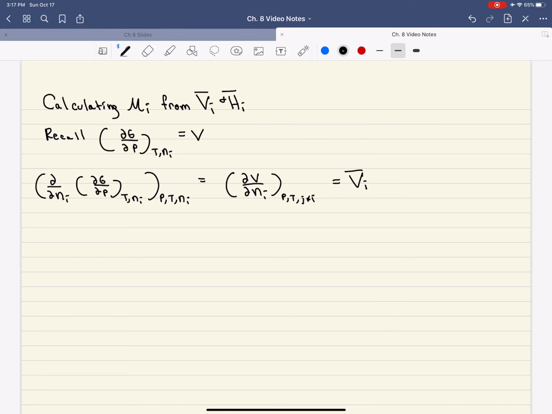So we could rewrite this left-hand side like this, all at constant T and Nj. And that would give us dG/dNi, which is the partial molar Gibbs energy, or the chemical potential.